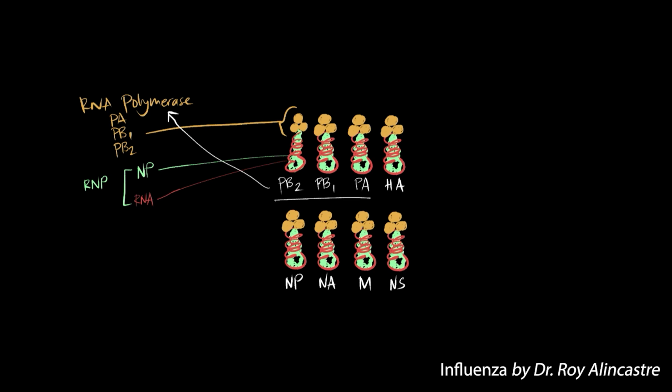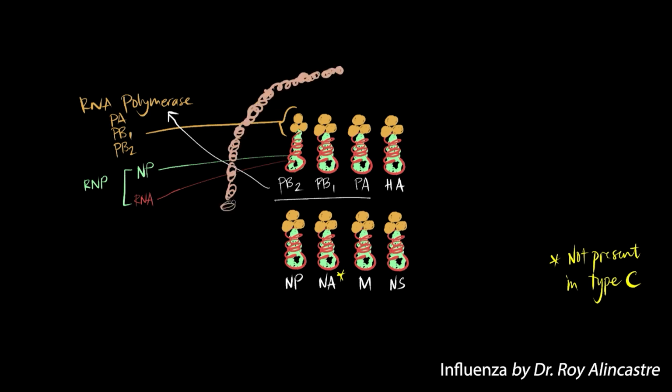NS is what we call it, guys. We mentioned that type A and type B have these 8 segments, but type C only has 7 because type C doesn't have a segment to code for neuraminidase, or segment number 6. So this is what is lacking in type C. For the M protein, there are actually two.